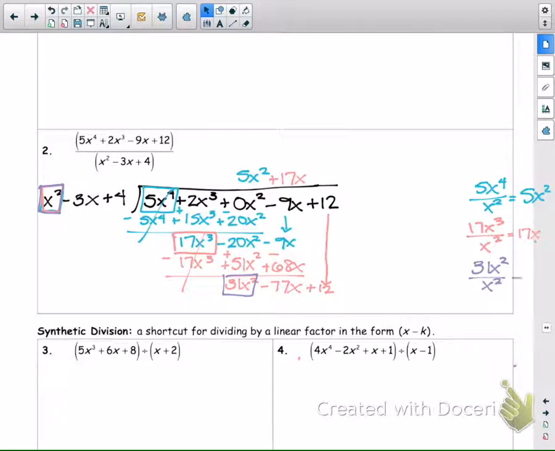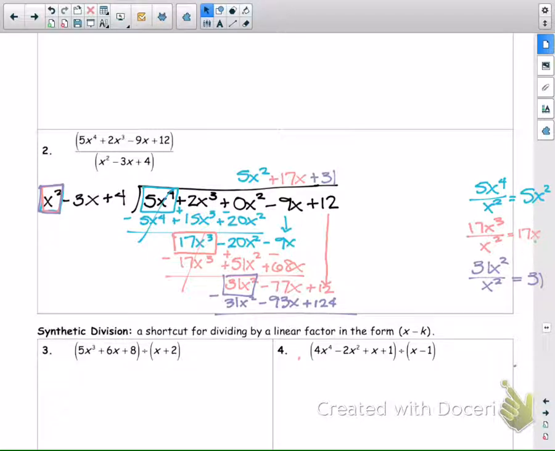That's the other reason I know this is the last step, because I'm lining it up over the constant term right here, which means I've run out of room. I take that 31 and I do what with it? Distribute it to the outside. That gives me 31x squared minus 93x plus 124.